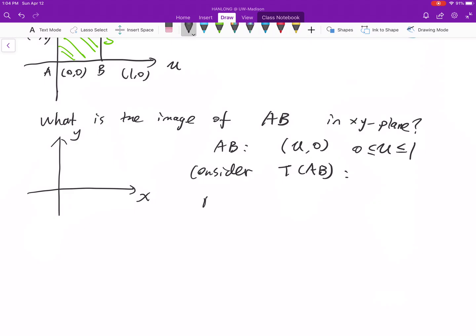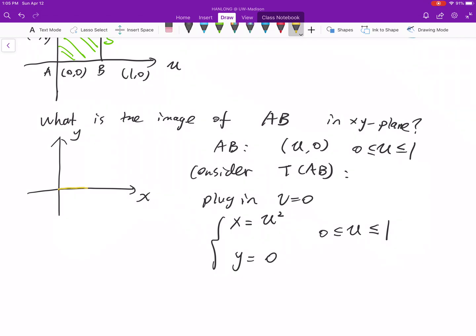Plug in v equals 0. What do you have? x now is u squared, and y, because it's 2uv, is just 0. And u is between 0 and 1, therefore x is also between 0 and 1. So you have the following piece, from 0 to 1 on the x-axis.